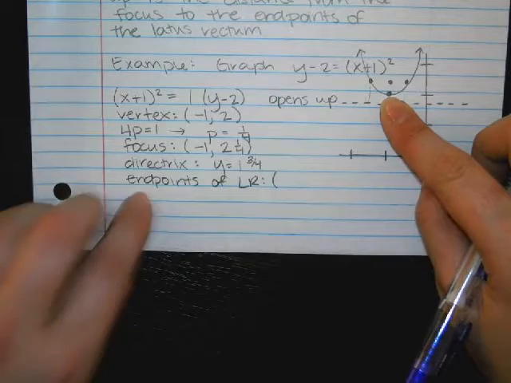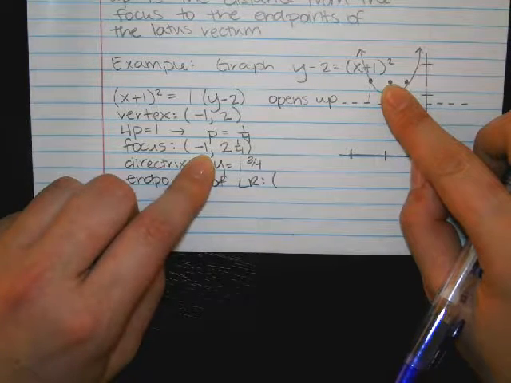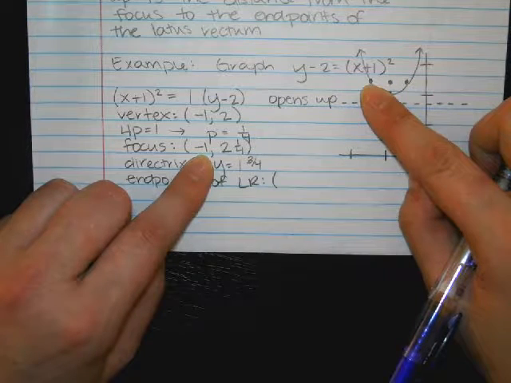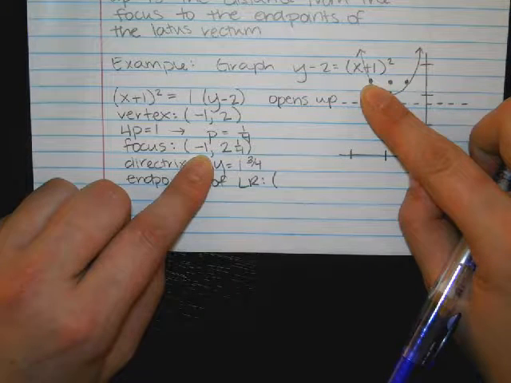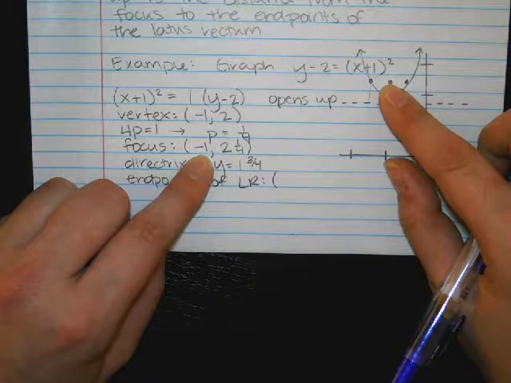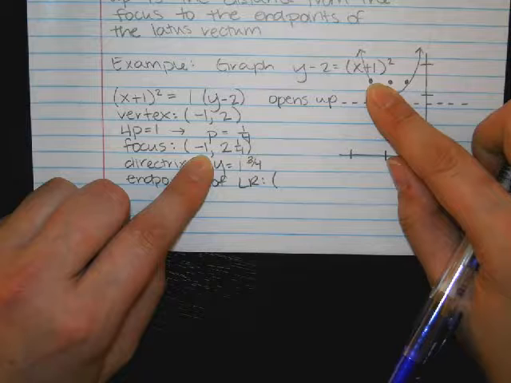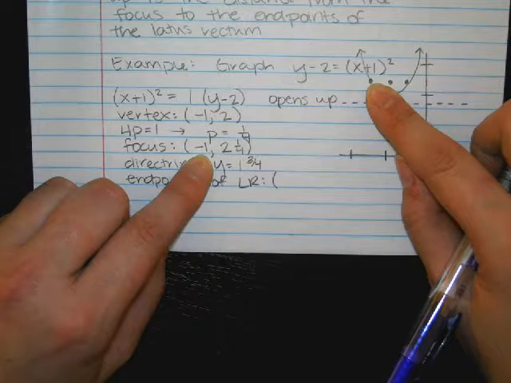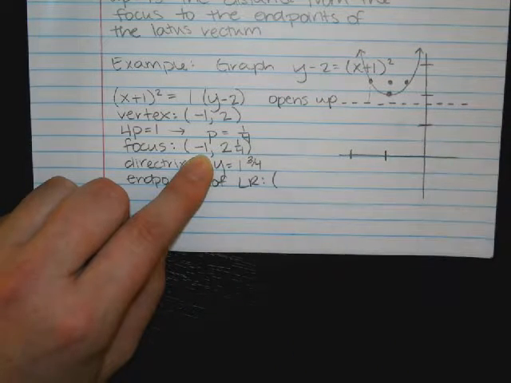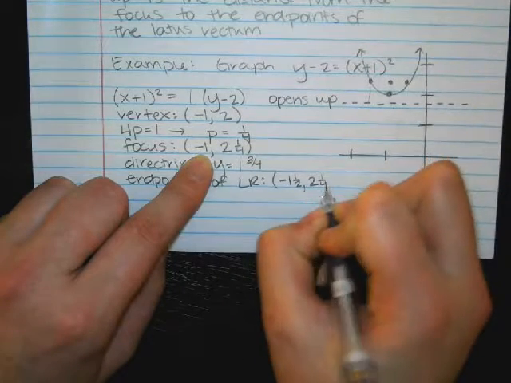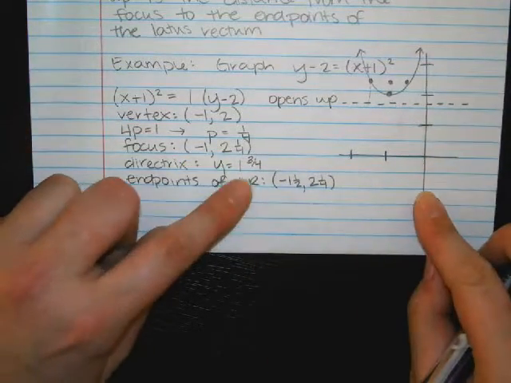So the focus was at negative 1, 2 and 1/4, and I went to the left 1/2. So you have negative 1 minus a half. It's negative 1 1/2. Mm-hmm. 1 3/4.